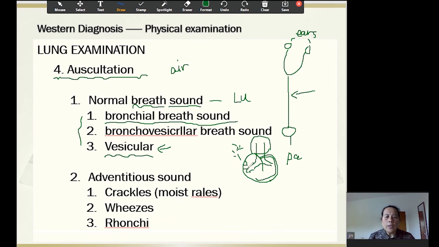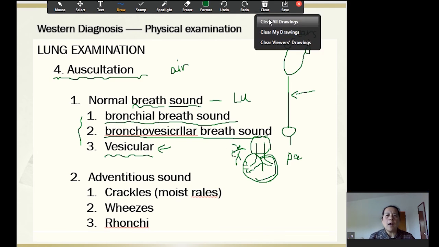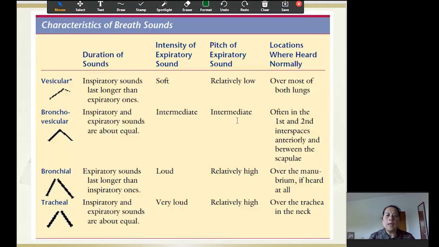Then between the big bronchial tree and the alveoli area, basically we can get another sound we call the bronchovascular bursting sound. The bronchovascular bursting sound you can only hear in some small areas.